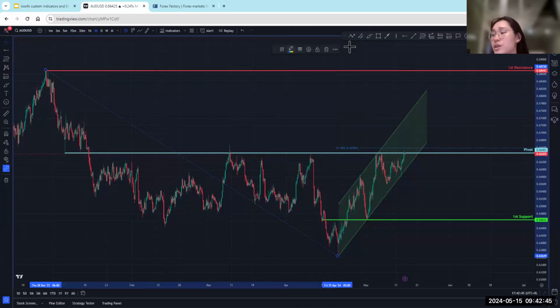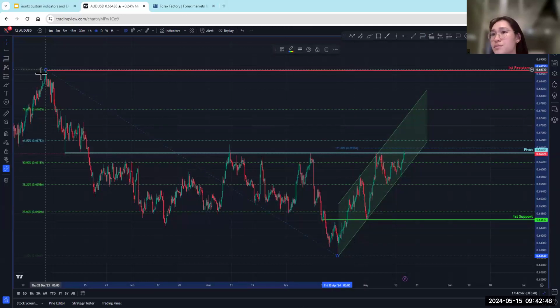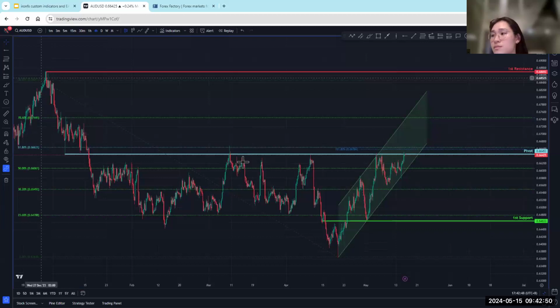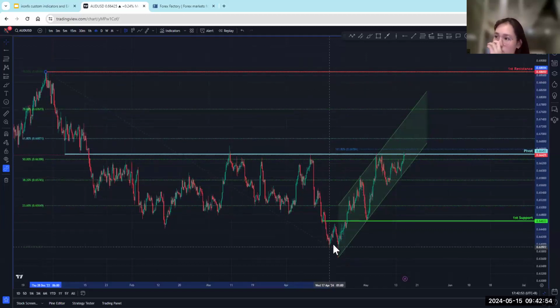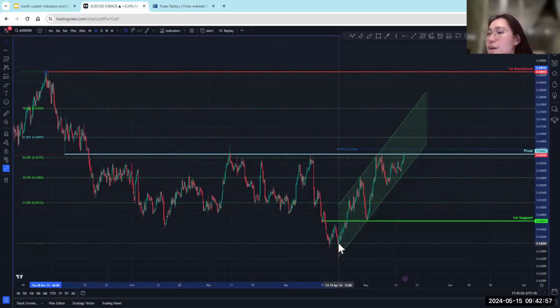Now I'm going in with a retracement, and you can see my 50% lines up with my pivot.